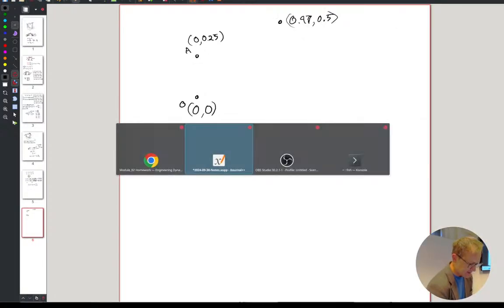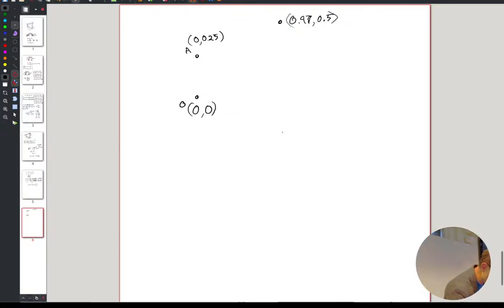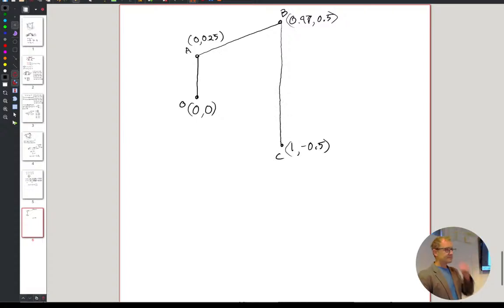And then RC is 1 and negative 1/2. So we have something that looks roughly like this.